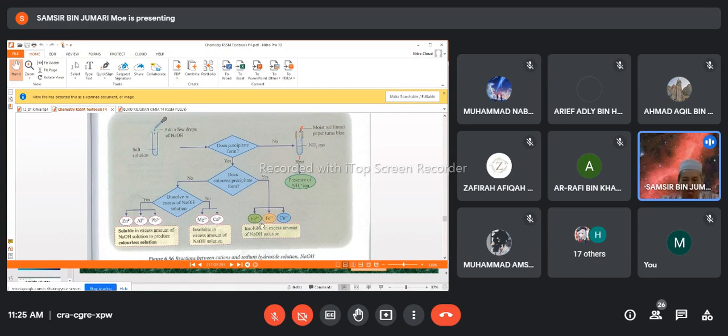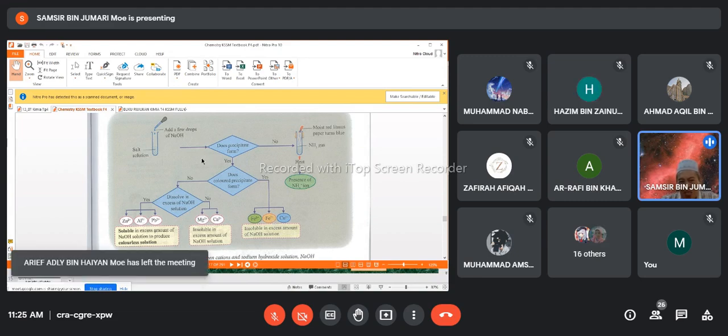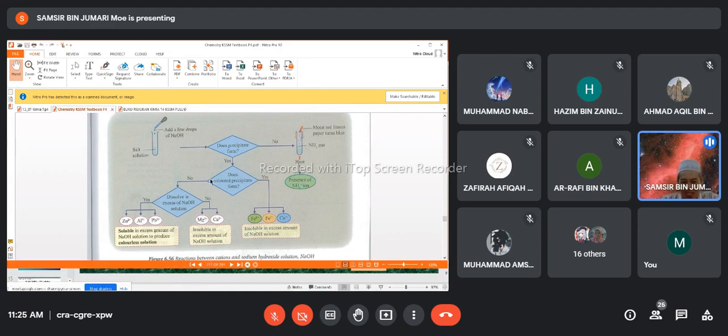And then the brown precipitate, not soluble in excess sodium hydroxide solution. And the green precipitate will be formed, not soluble in excess sodium hydroxide solution.